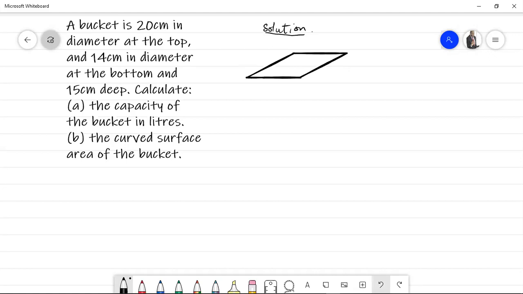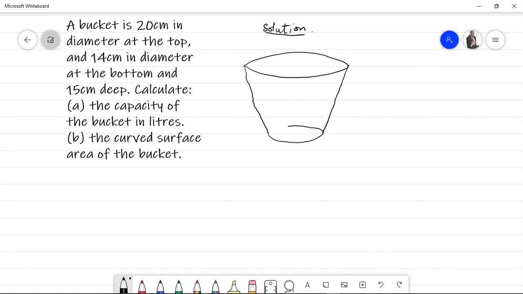And then we need to bend it a little bit, and try to see if I can maintain it. It's just a sketch. Need to bend it a little bit to form a bucket. And we know that at the bottom of the bucket, we also have it to be circular like this as well.